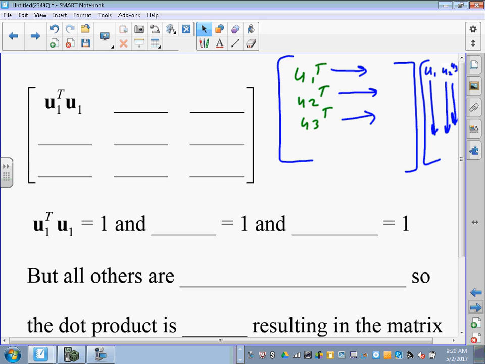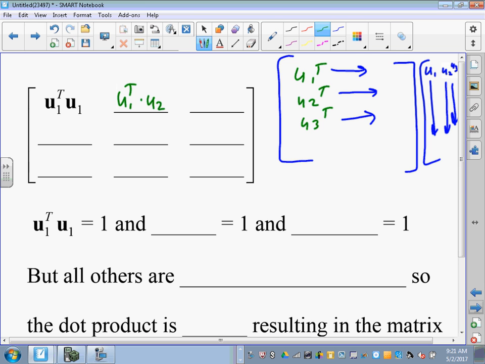So U1 transpose times, the first row times the first column gives you just U1 transpose times U1, right? But there are going to be components in there. That's going to be a dot product. What are we going to do right here? Well, U1 transpose dotted with U2.